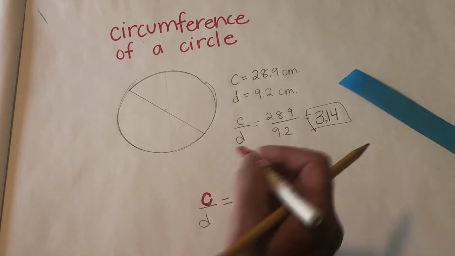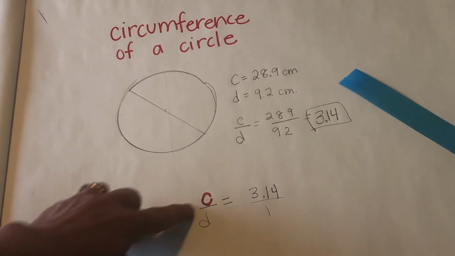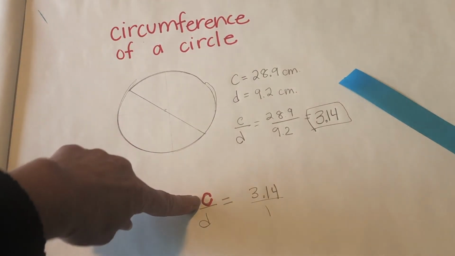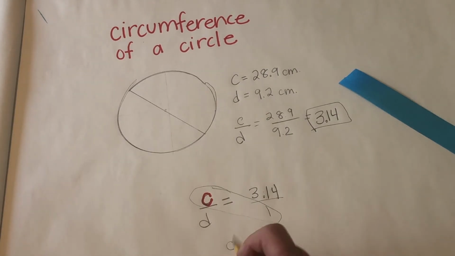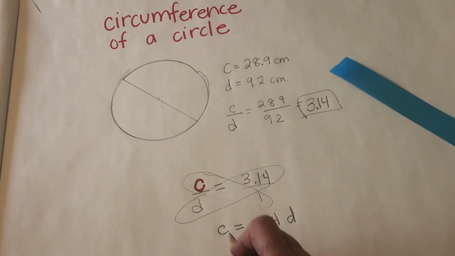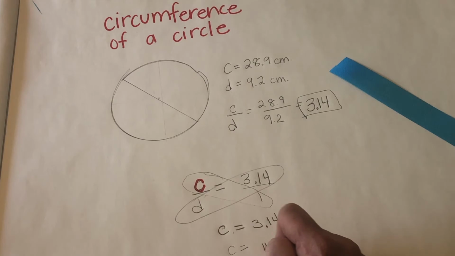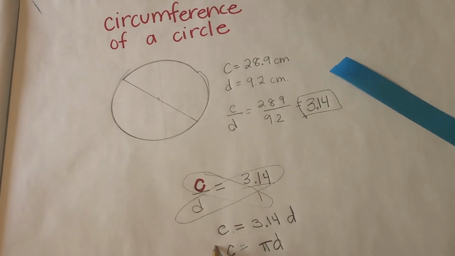Let's look at this now. If circumference divided by diameter equals 3.14, how could we figure out how to solve for C? We're going to use cross products to determine what C would be in terms of these two numbers. So if I do C times 1, I get C equals 3.14 times the diameter.